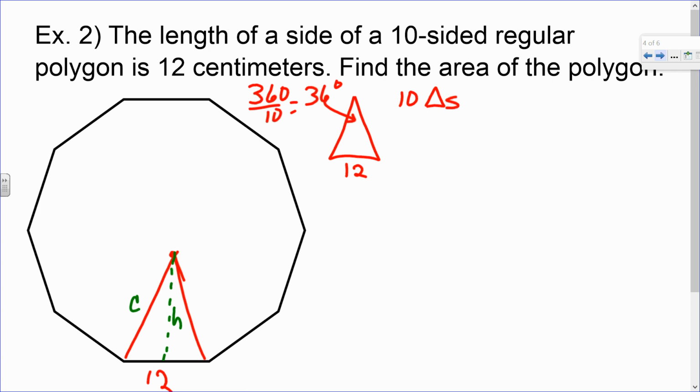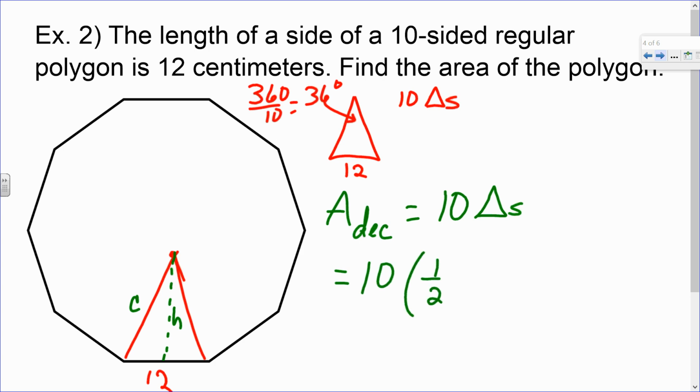That sounds a lot messier to me to have two of those trig ratios running around in it. So when they give me one of the sides of the polygon, I'm probably going to want to use 1/2 BH for my triangle formula. So I need, for the area of the decagon, to take 10 triangles, and for any one triangle, I'm going to do 1/2 BH.